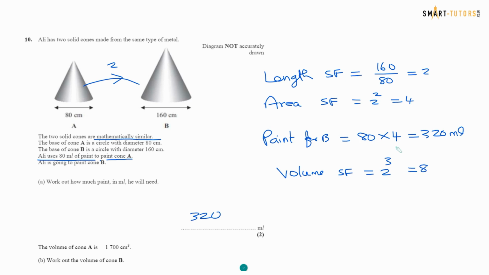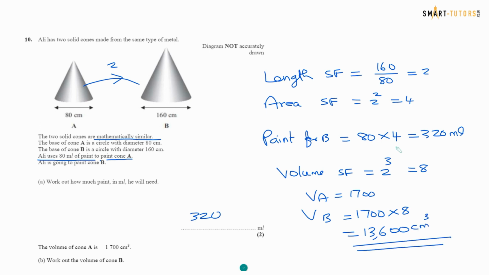So volume scale factor is given, and the volume of the A is given, 1700, and volume of the B is 1700 times 8. So that is going to be 13,600 centimeter cube. That is the end of the tutorial, this one.